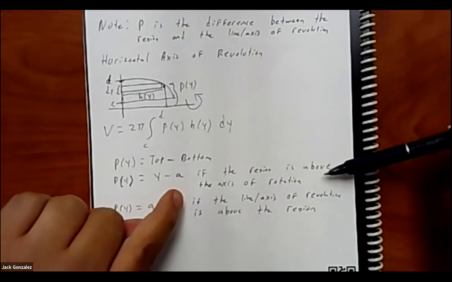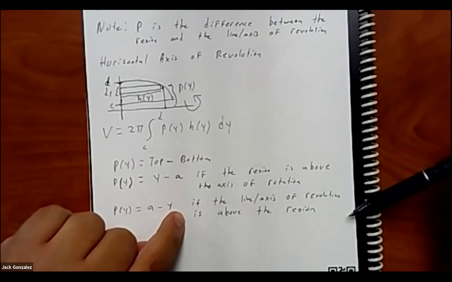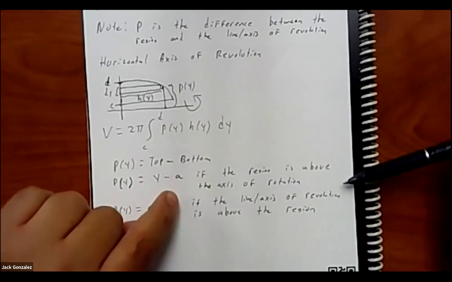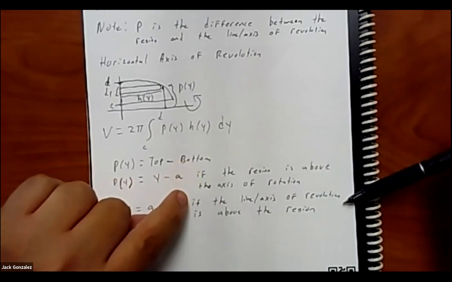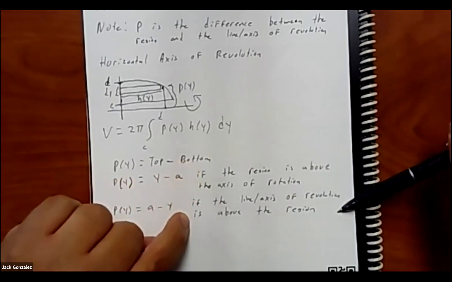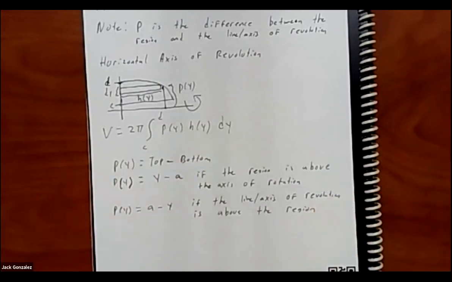Region above rotational axis. Yeah, the way to phrase it is confusing. It's confusing myself. Because what I'm saying is the region is above the rotation. Over here, I'm saying the rotation is above the region. So they're opposite. But the phrasing sounds strange. Sorry about that. Do you see what I'm saying though?